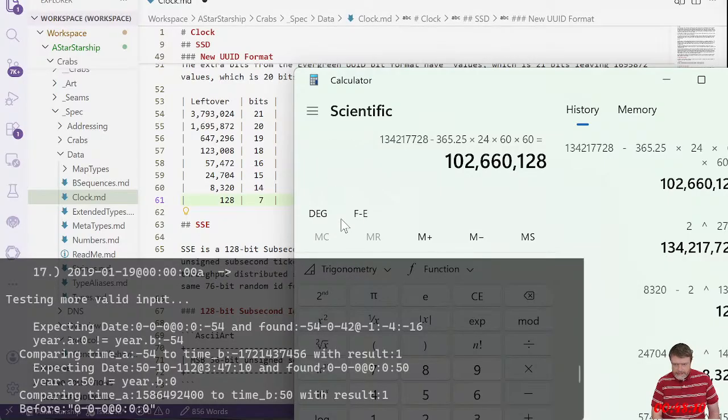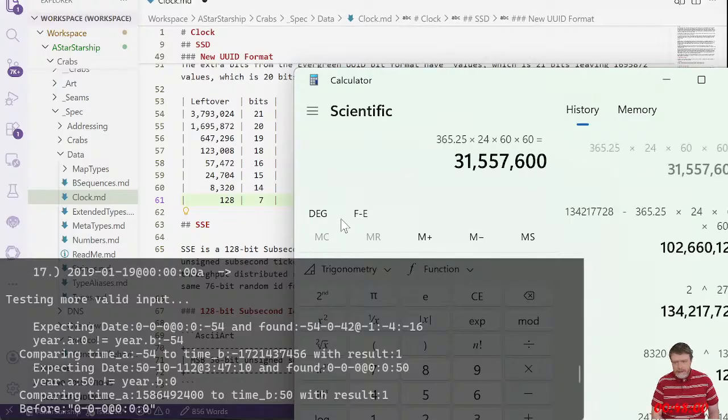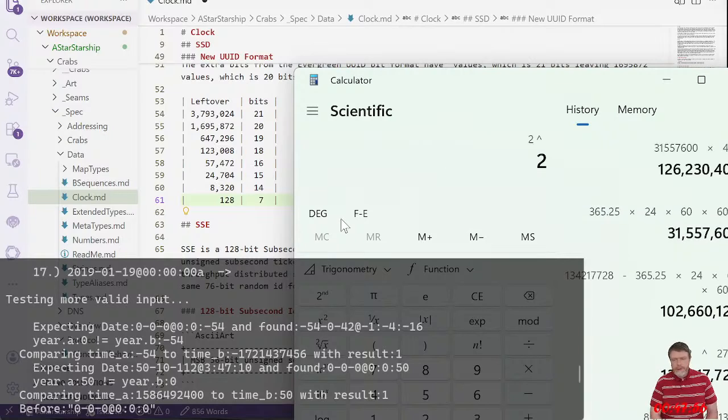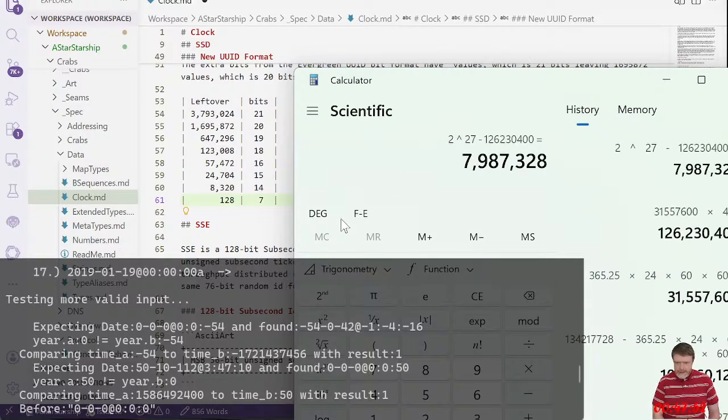So that's, wait, 365.25 times 24 times 60 times 60 times 4. Right, that was the one that I missed. So it's 2 to the 27 minus that. And then we end up with this number. Okay. And so then that first one is reserved.